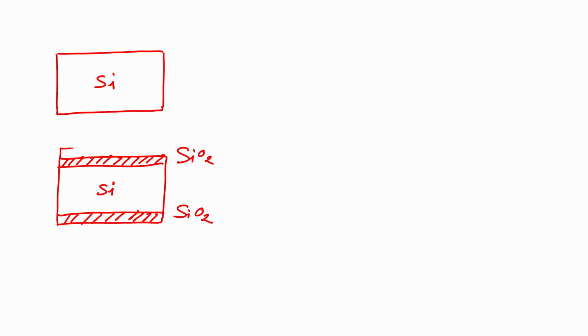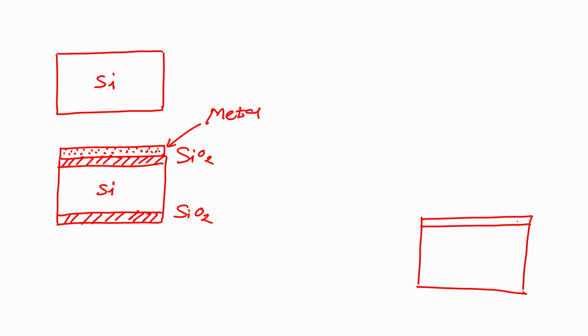Next step is I will deposit a metal. So, the dotted pattern is the metal. Now, I want to pattern this metal such that I can form interdigitated electrodes as shown on the screen.